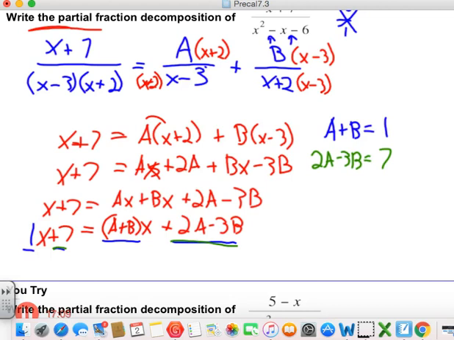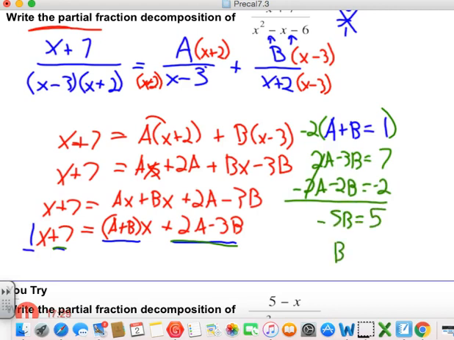So I'm going to do elimination. So I'm going to take A plus B and I'm going to multiply everything by negative 2. That way it'll cancel the A. So I get negative 2A minus 2B equals negative 2. Now I can combine, the A's will cancel. Negative 3B and negative 2B is negative 5B equals 7 minus 2 is 5. Then divide by negative 5, so B equals negative 1.